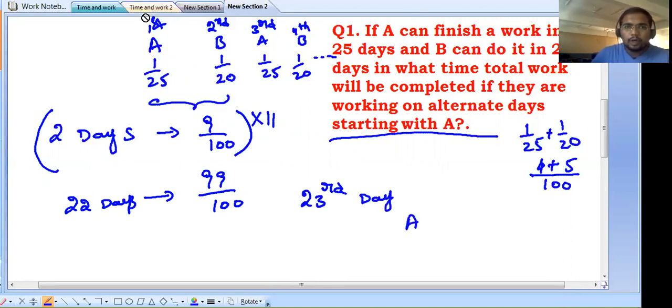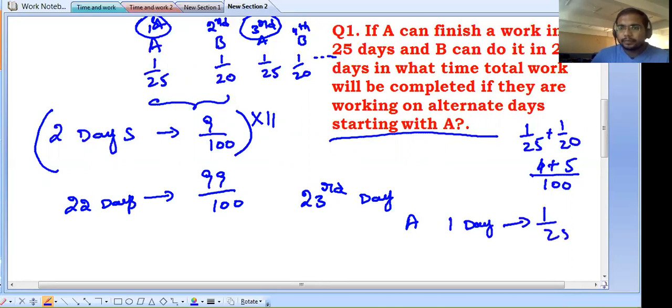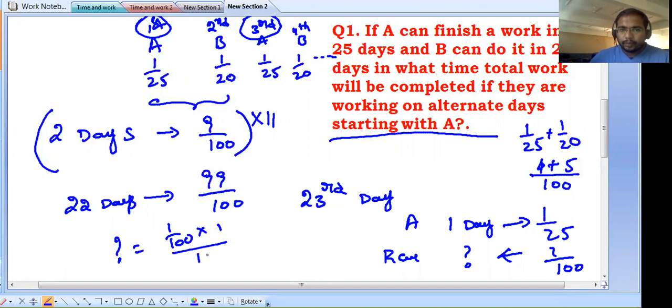Why? Because on odd days, A is going to work. A will complete in one day 1 by 25. But here the remaining work is 1 by 100. Will he take a total of one day? No. Time is equal to 1 by 100 divided by 1 by 25.